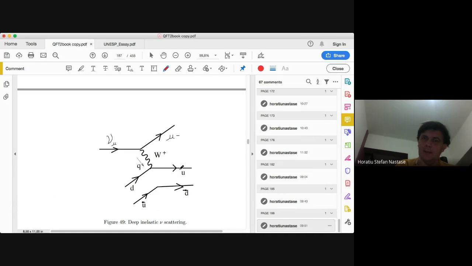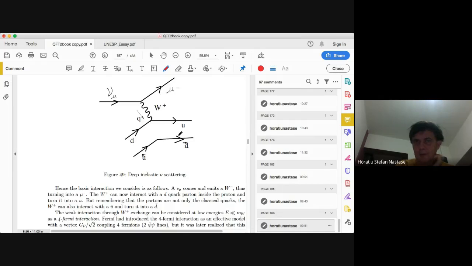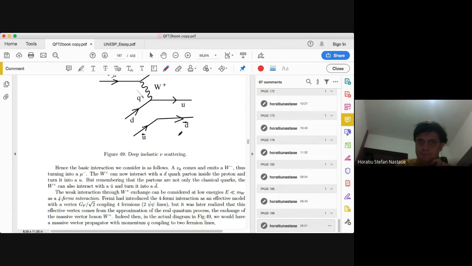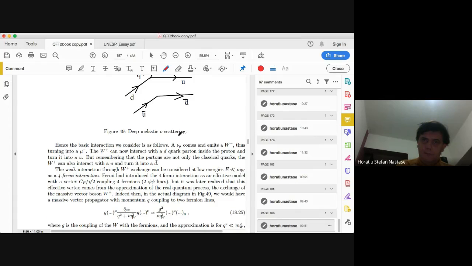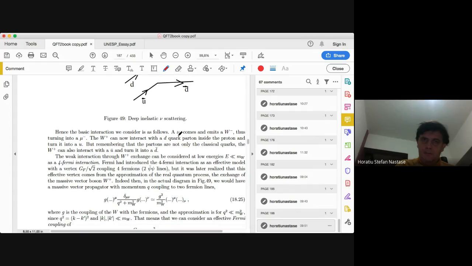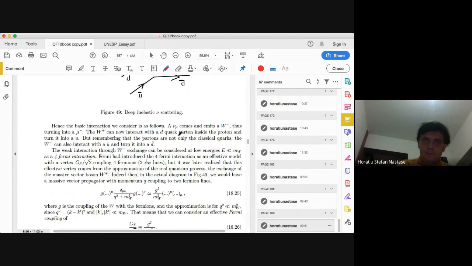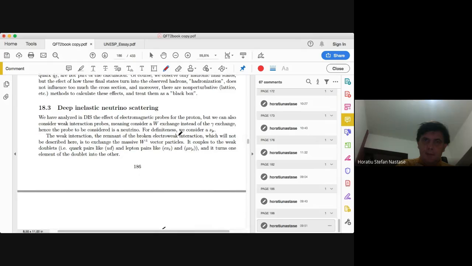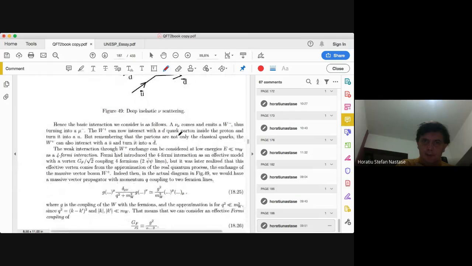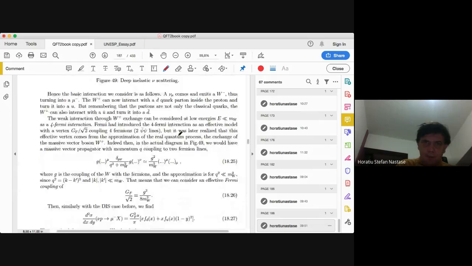And then the down quark is turned into an up quark, and the muon neutrino is turned into a muon. All right. What else do I have to tell you here?